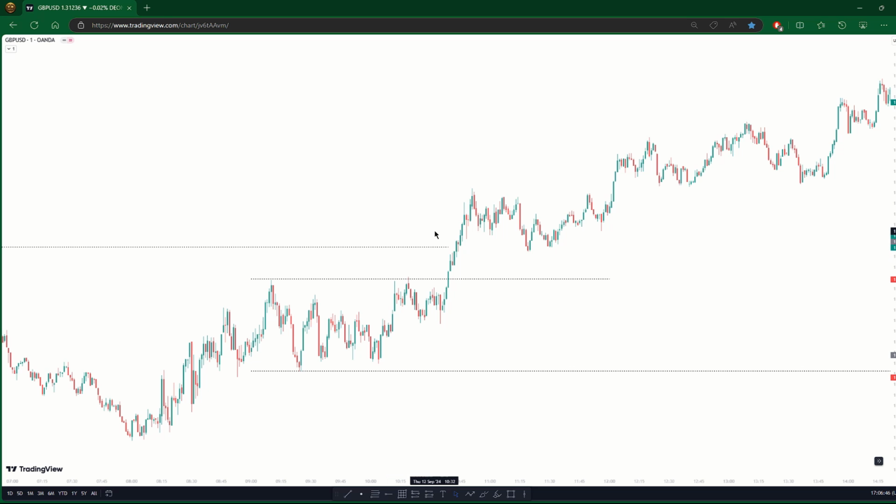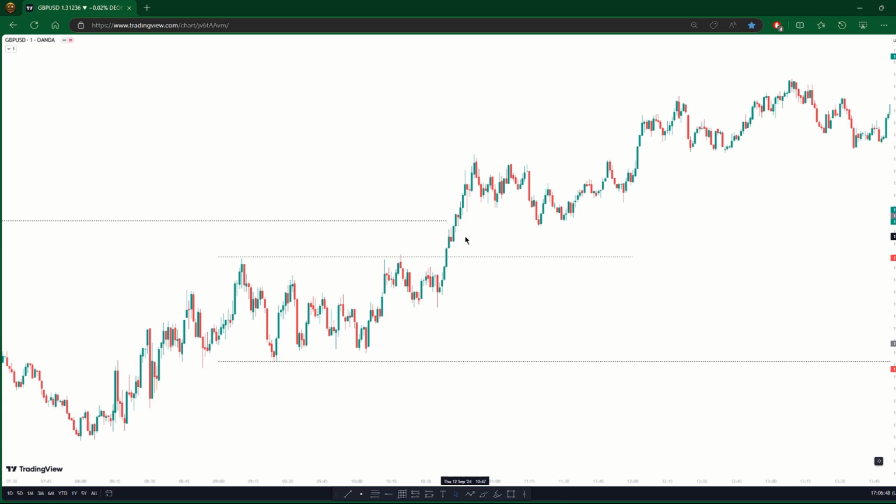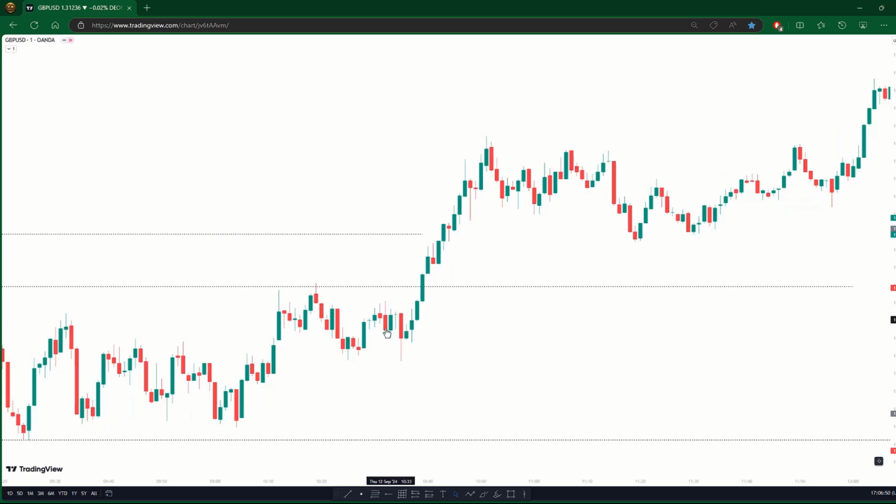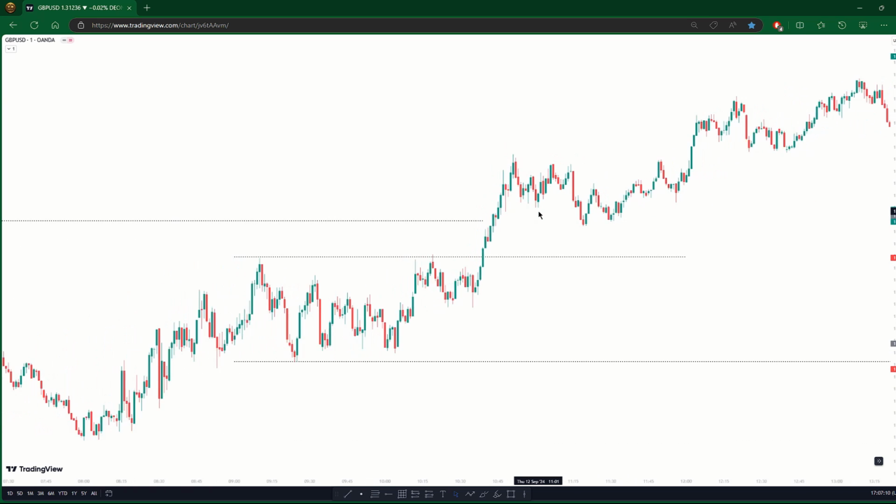Okay, so here you can see, if you are looking for a setup between 10 and 11, 11 is somewhere here, there's absolutely no setup, so there's no need for you to even waste your time here.